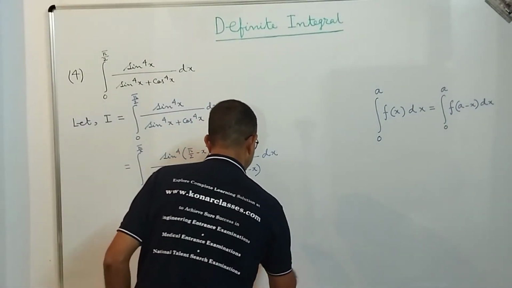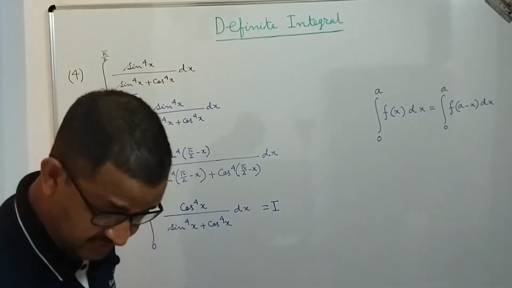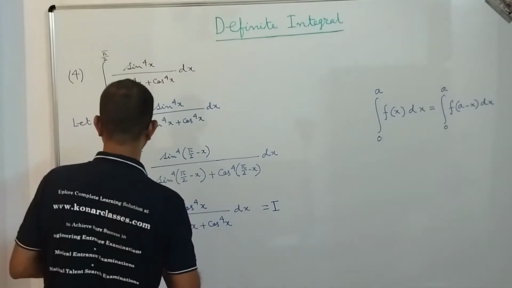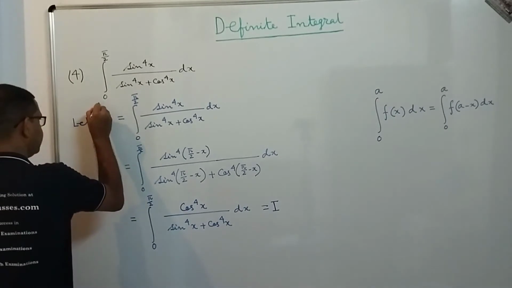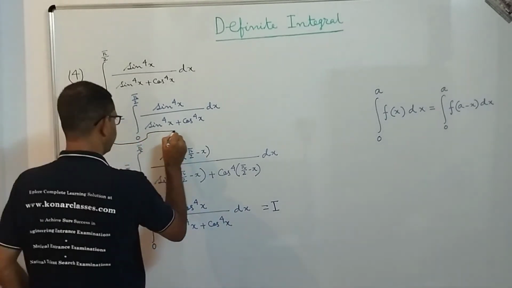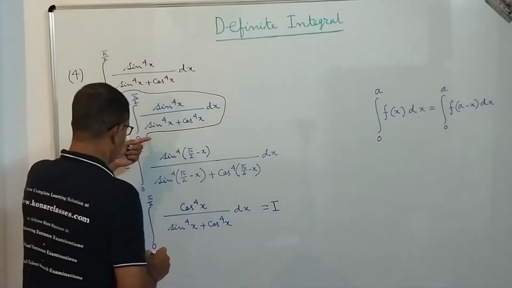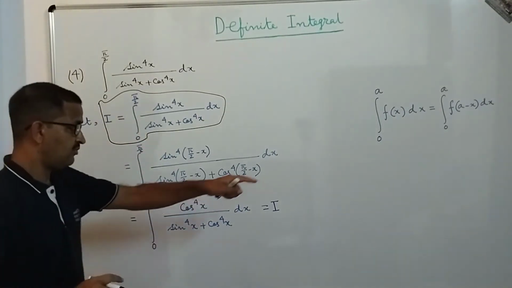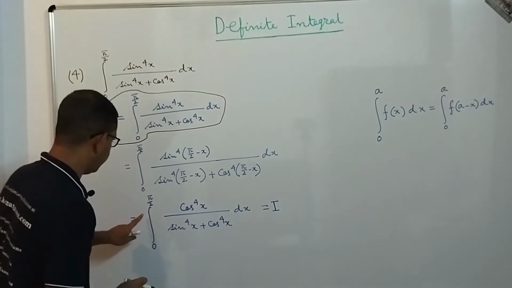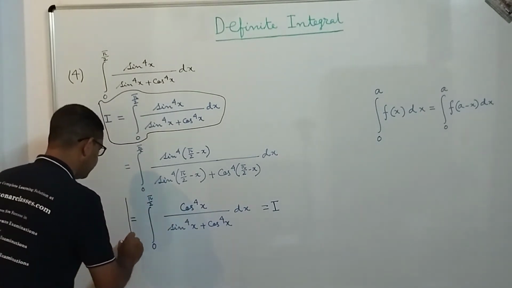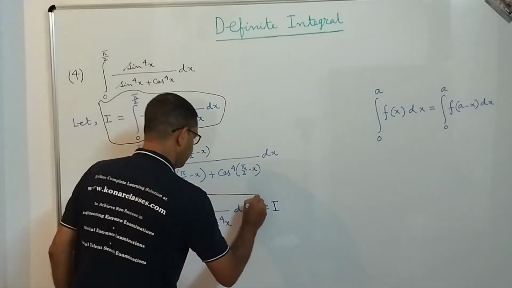These are the techniques you need to apply. So this is the integration I that you assumed, and after applying the property of the definite integration, we landed up here, which is also I.